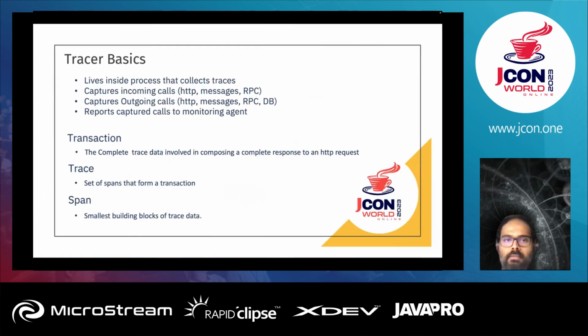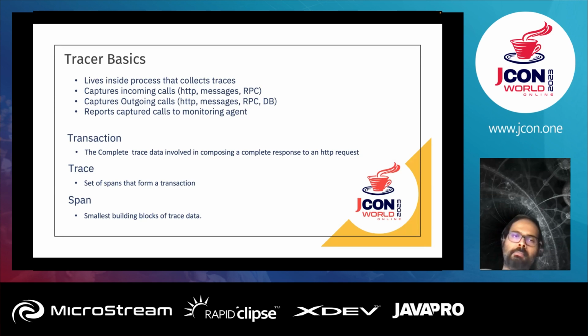Now let's see the basics of the tracer. As I mentioned, it can capture almost anything, the incoming calls and outgoing calls. It collects this information and sends it to the underlying agent. The agent is nothing but a monitoring tool.